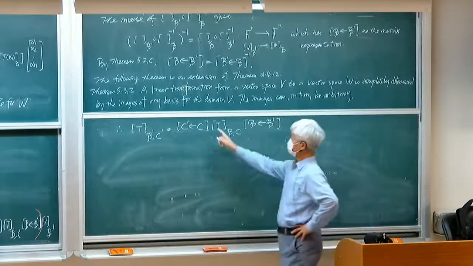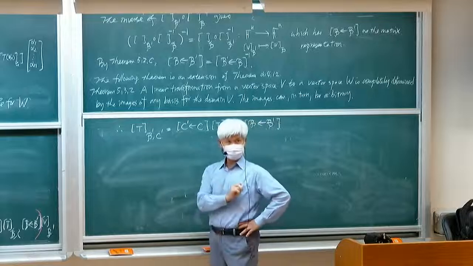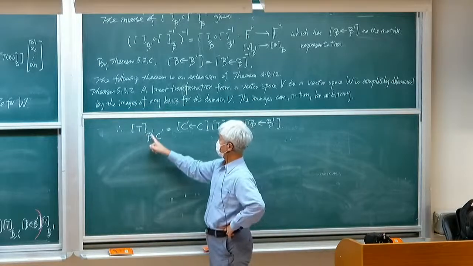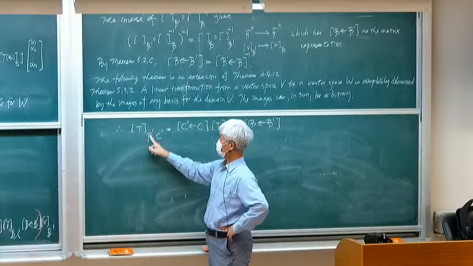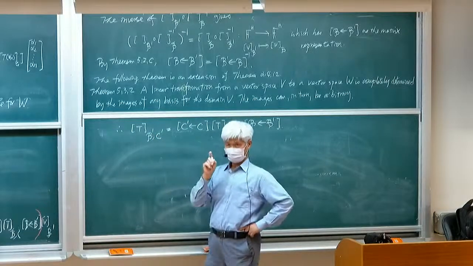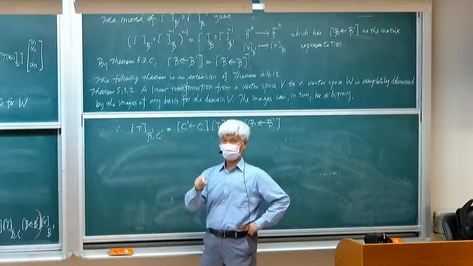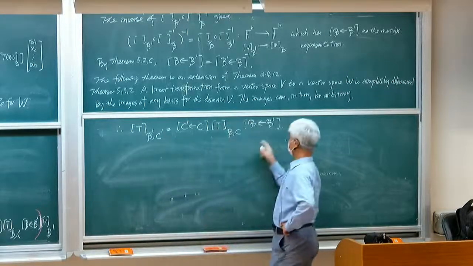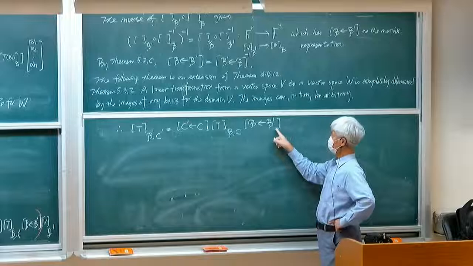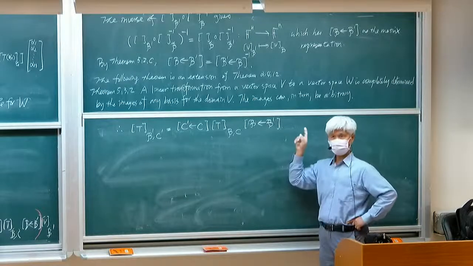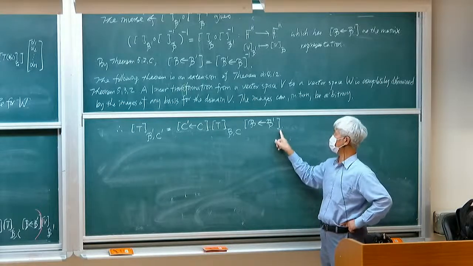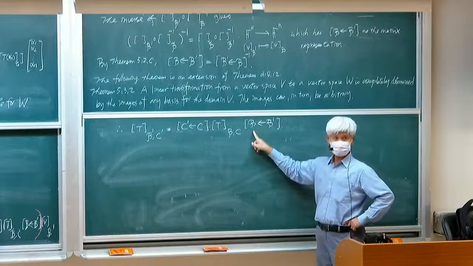Read this identity, it is very simple. What is that? You select B prime for the domain. You select C prime for the codomain. So now you use B prime as a basis for the domain, and then you do the coordinate change to the B vector.